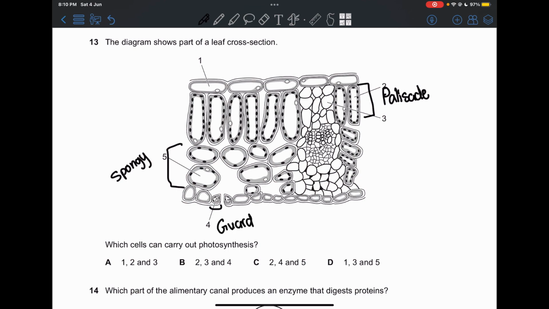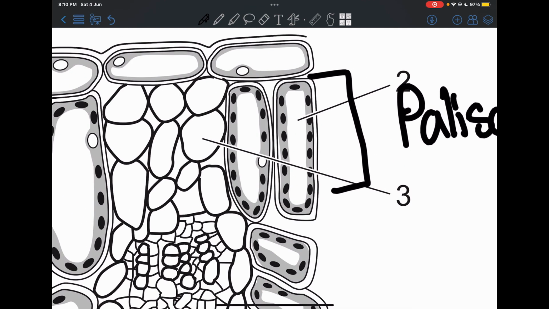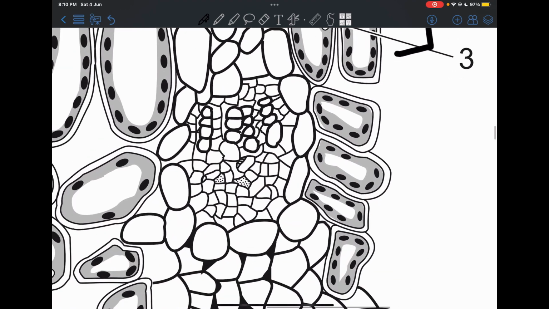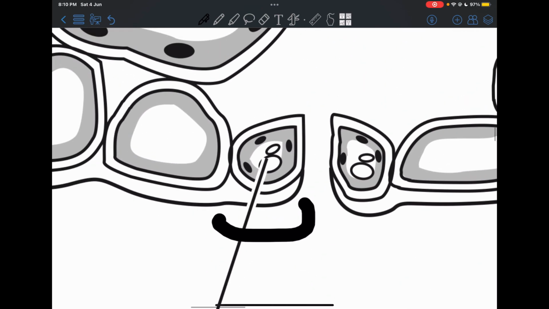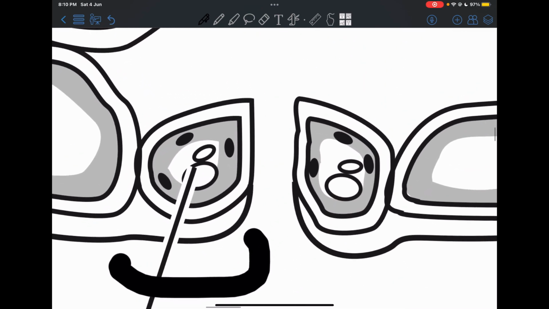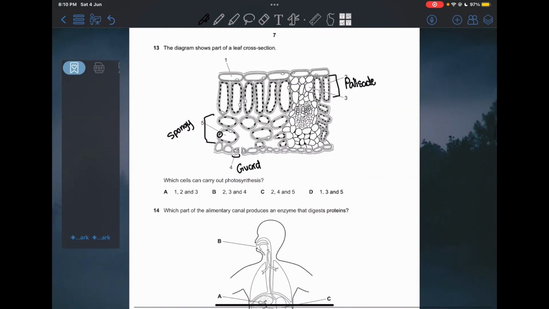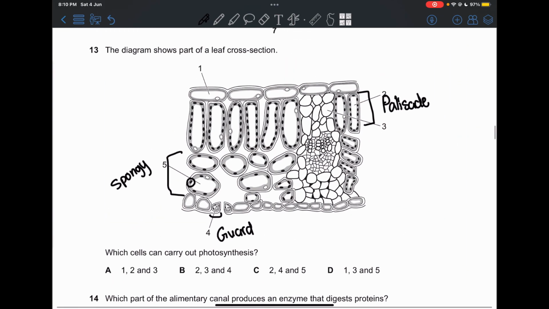As we can see, this one has chloroplast, the black spots, and this one also has some chloroplast. Also over here, it's very small, but it's there, as you can see. Now we're going to be choosing an option that has number 2, number 5, and number 4. So C has the numbers that I've just written over here.